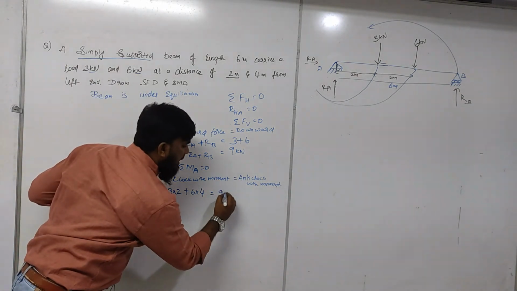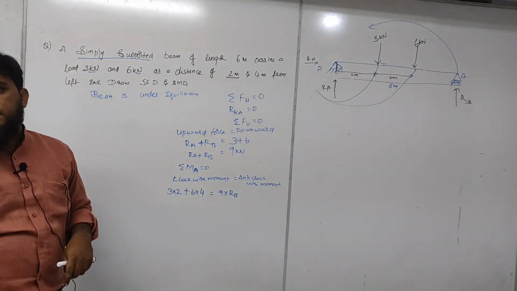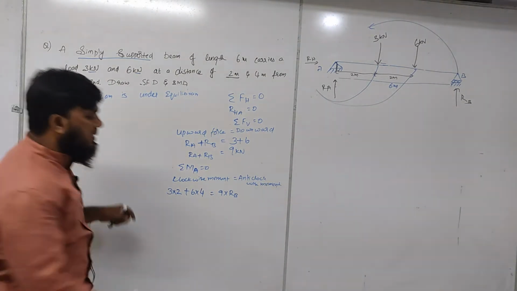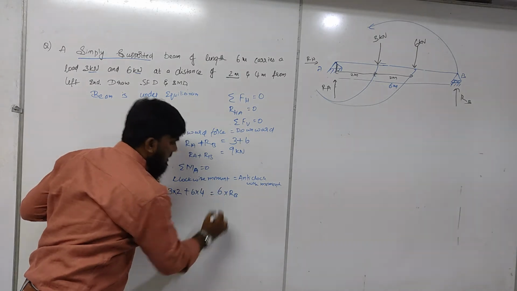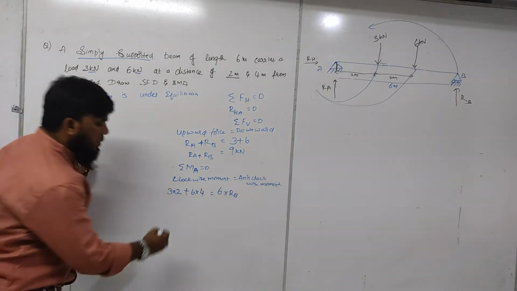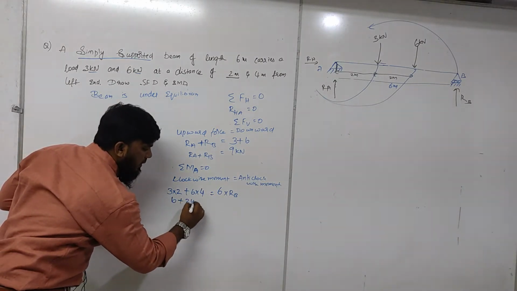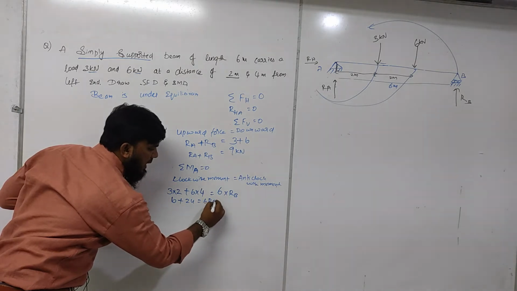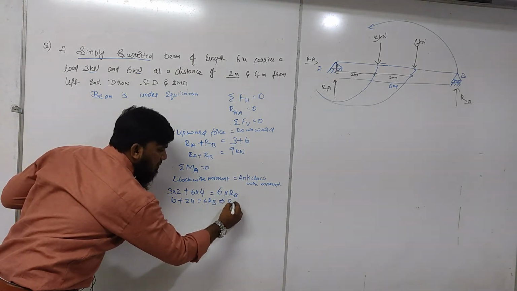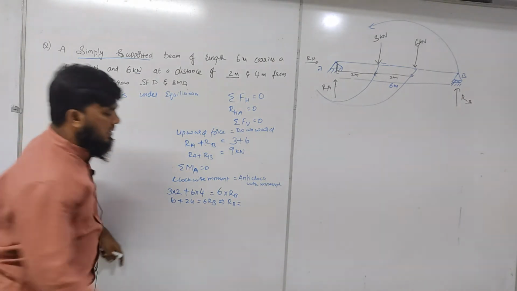That is 6 into RB. Sorry, 6 into RB, where 6 is the length or distance between point B and point A. So 3 2s are 6 plus 6 4s are 24 is equal to 6 RB. Implies RB is equal to 6 plus 24, which is 30. 30 by 6 is 5.